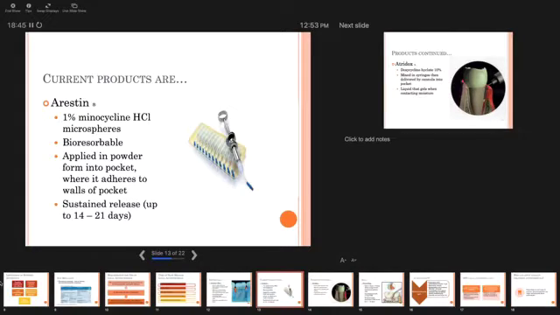It's bioresorbable, and it's applied in a powder form into the pocket, and it adheres to the walls of the pocket. And it has a sustained release of up to 14 to 21 days. So that's why it's important that we tell our patients to wait that 10 days before they floss, because we don't want them to floss out those microspheres.